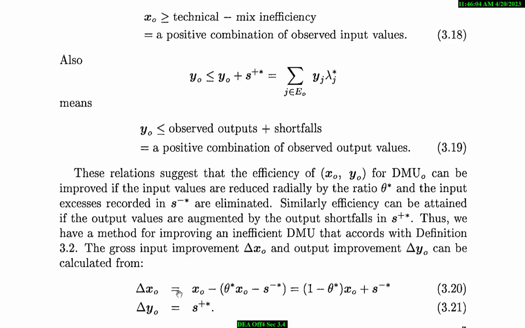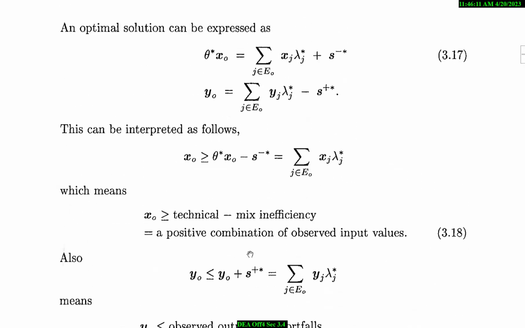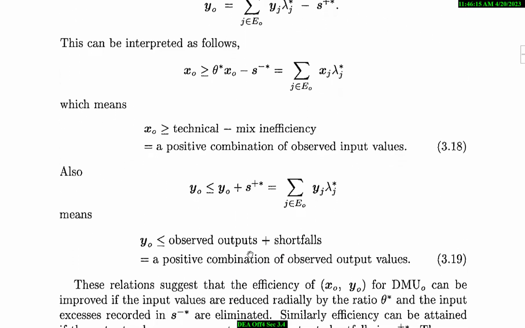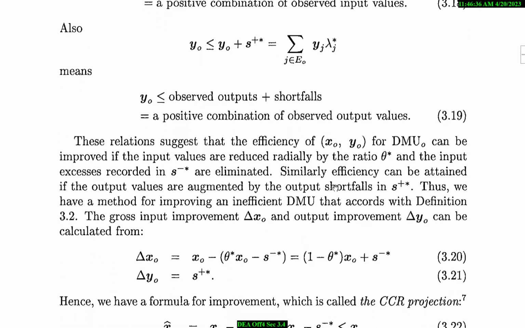Delta XO is the observed XO minus the new values of XO, first reducing radially and then non-radially, which is the positive combination of the other DMUs with the weights given here from the optimal solution.